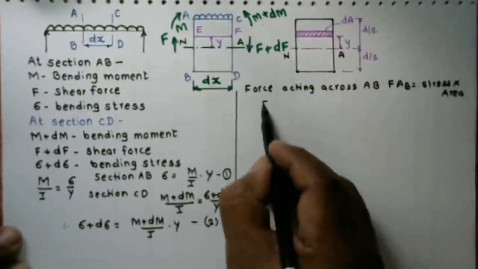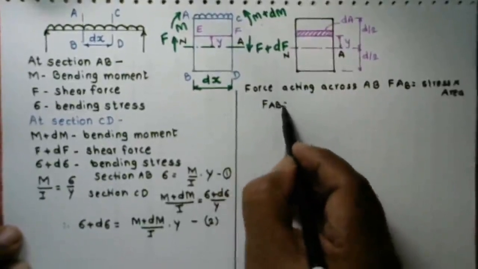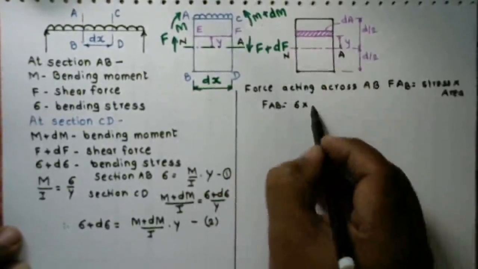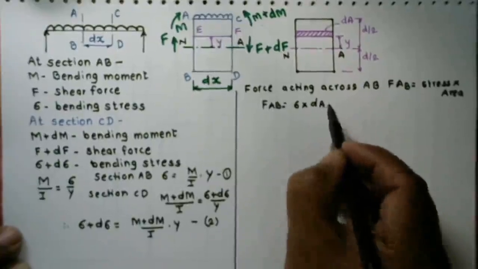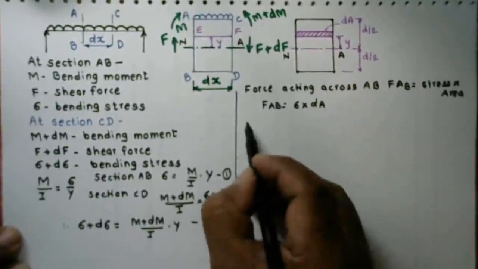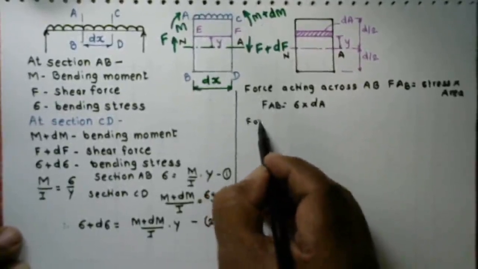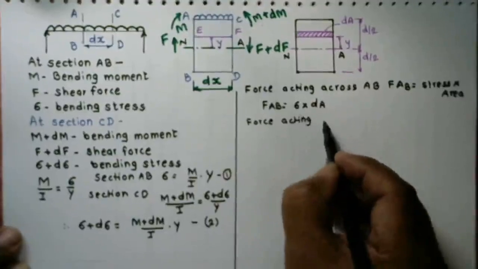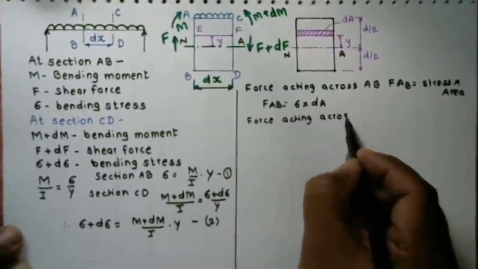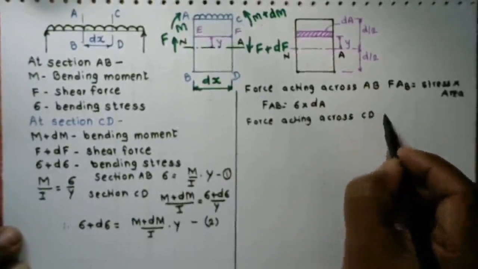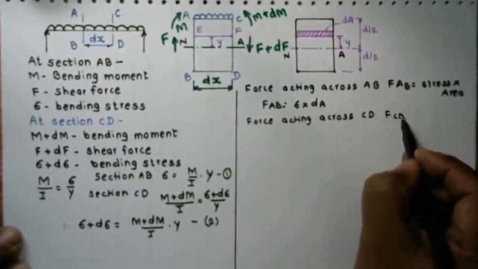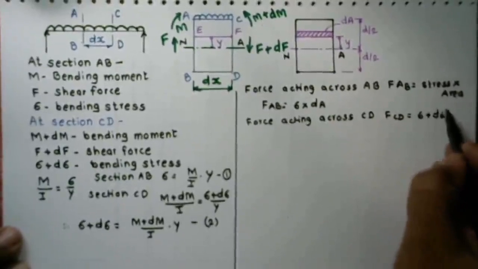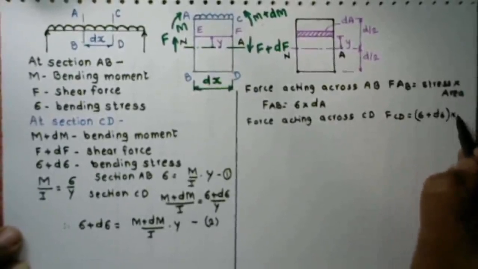FAB is equal to sigma into dA, where dA is the elementary area. Similarly, the force acting across section CD, FCD, is equal to (sigma plus d sigma) into dA.